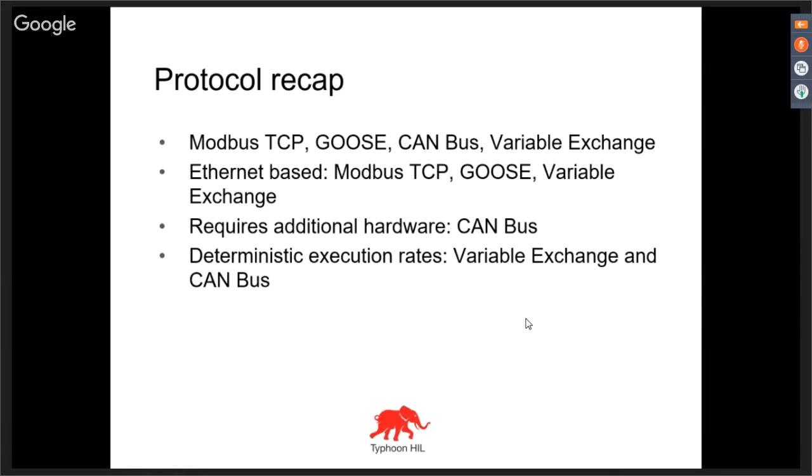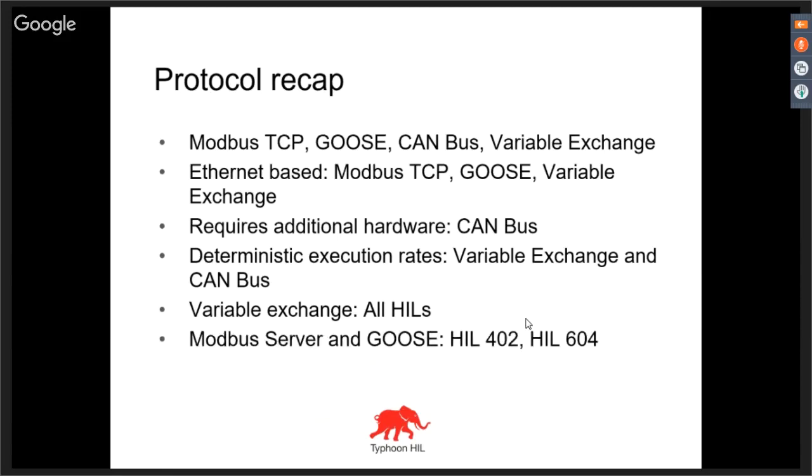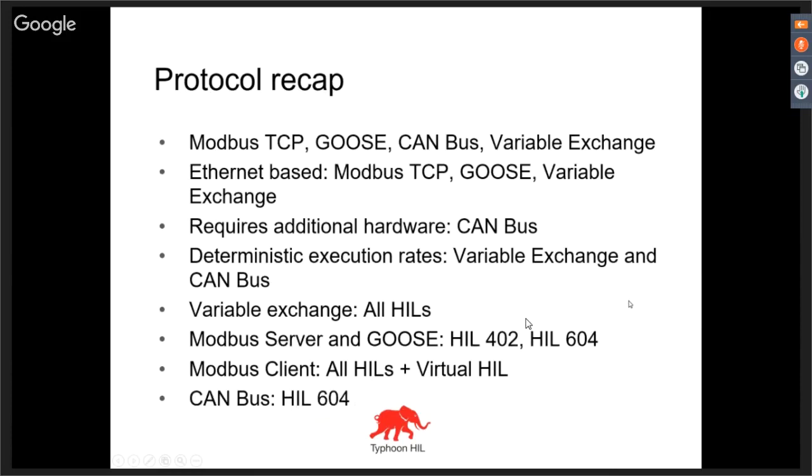Depending on what HIL you use, variable exchange can run on all HIL devices. Modbus Server and GOOSE protocols can run on HIL402 and HIL604 devices, whereas Modbus Client can run on all HIL devices and virtual HIL. Just to mention, it runs on PC, not on the actual HIL device, so any HIL can support this client. And CAN bus only works with HIL604.